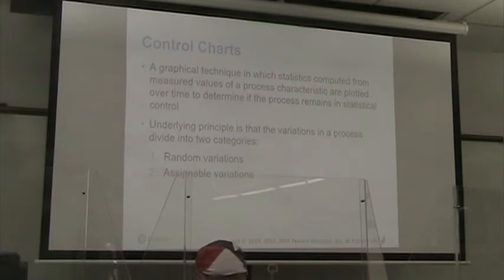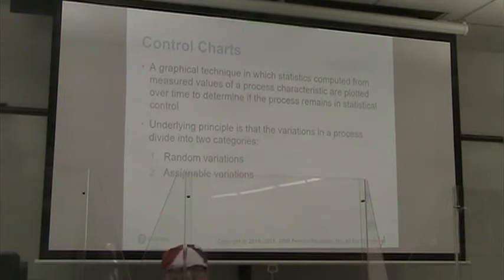So control charts are a graphical technique where our statistics computed from the measured values of the process characteristic are plotted over time to determine if the process is in statistical control. So the underlying principle is that the variations in the process are from the two categories we discussed before: random variations or assignable variations.